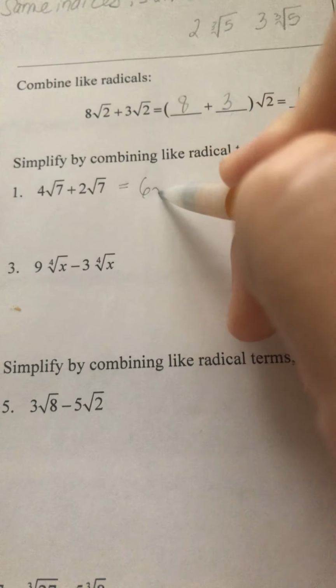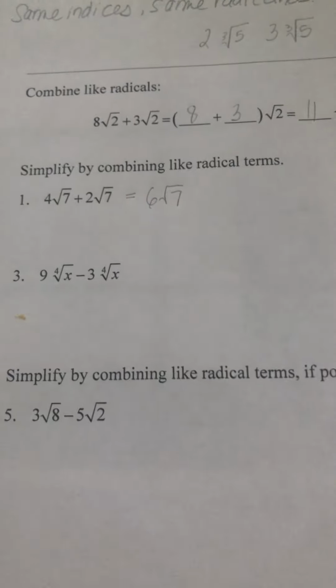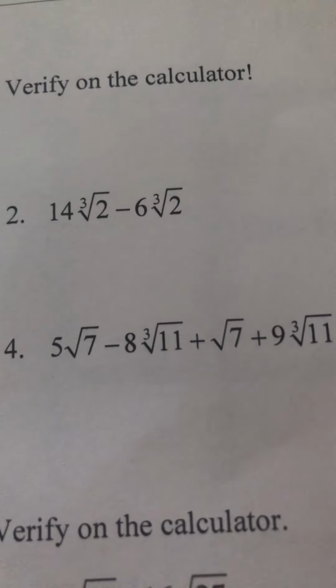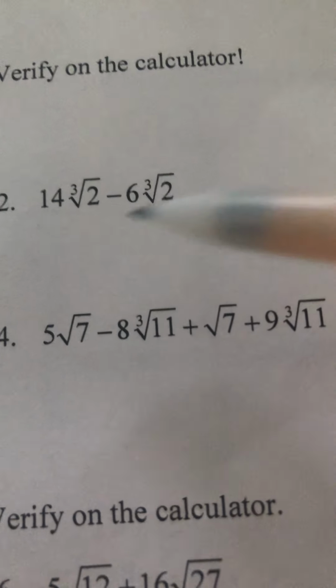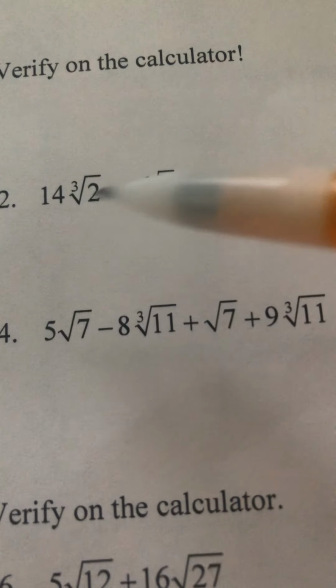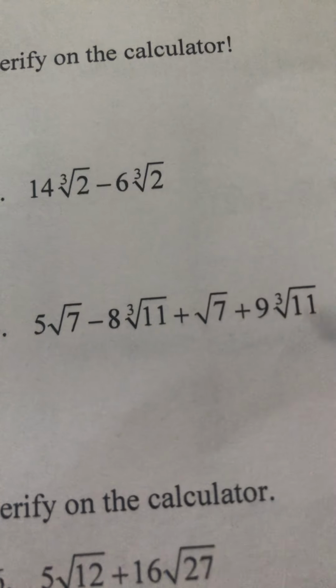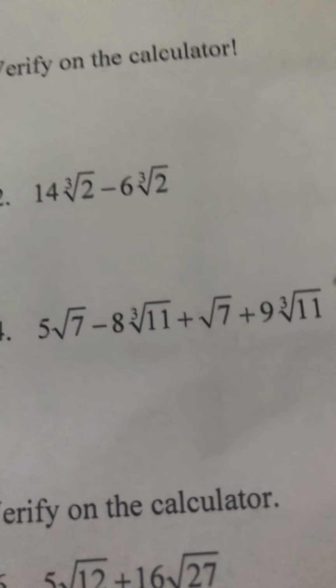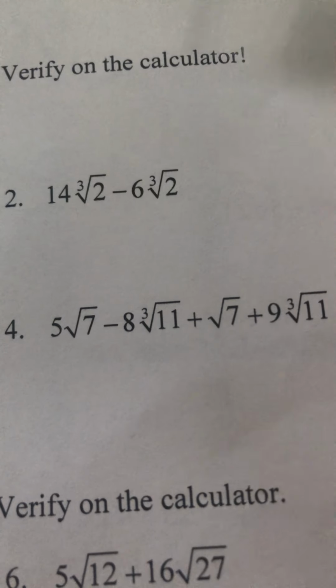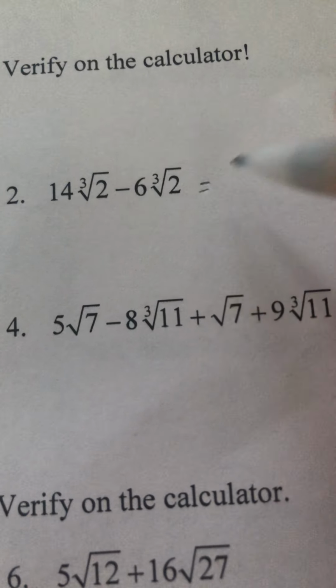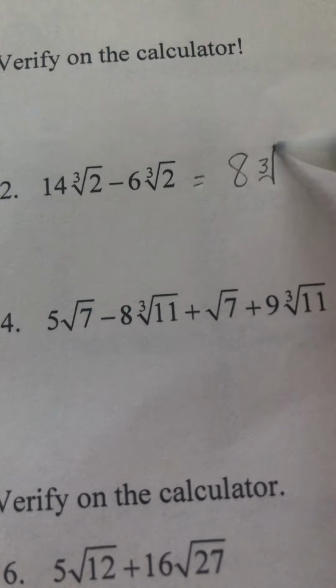So this is just 6 root 7. This one, those are like radicals because they have the same index 3 and same radicand 2. So you can just subtract the numbers in front and keep the radical piece the same. So 8 times the cube root of 2.